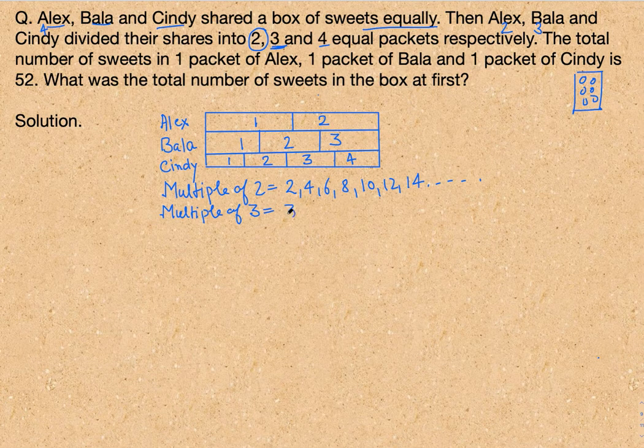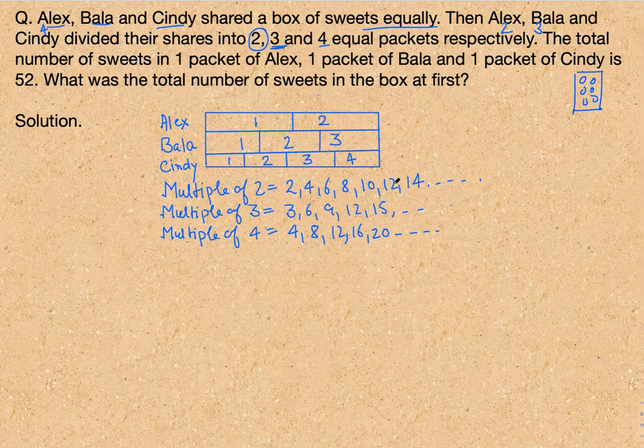That will be 3, 6, 9, 12, 15 and so on. And the last one is the multiples of 4. So that will be 4, 8, 12, 16, 20 and so on.